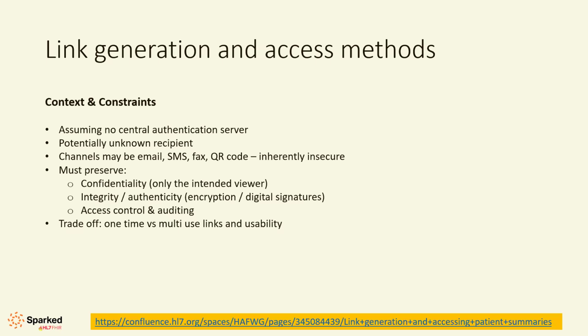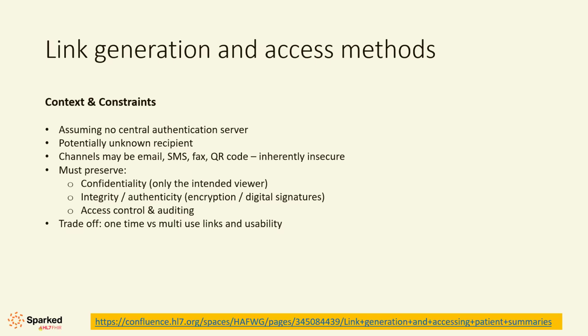So that's in the referral case. In the case of the interstate GP visit, which is the other use case that we're looking at, that could be any GP that's needing to access that patient summary. Also, in an emergency care situation, it could also be anyone that's needing to access the patient summary. So we're kind of framing this that we have a potentially unknown recipient. And that is important because we don't have that authentication server, so we can't get them to log in to prove who they are.